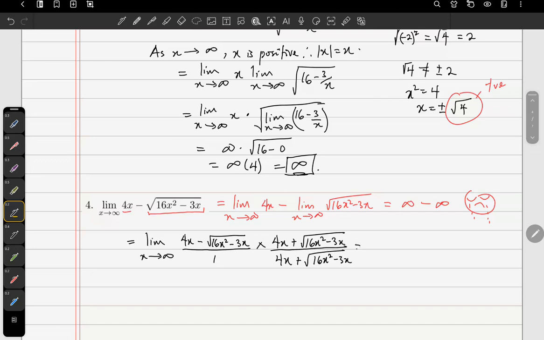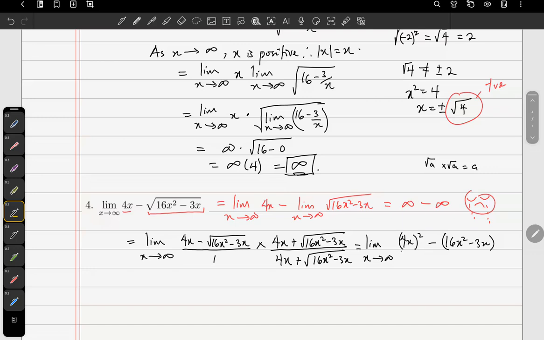And we know that by difference of 2 squares, the numerator becomes 4x squared minus, so this gives us 16x squared minus 3x, because square root of a times square root of a is just a. So technically we should say absolute value of a, but in cases like this, it's just a.